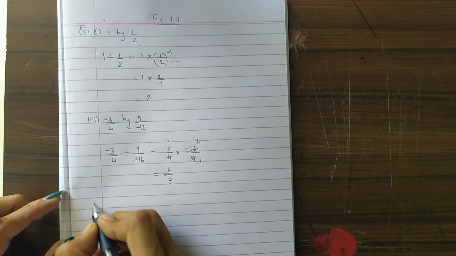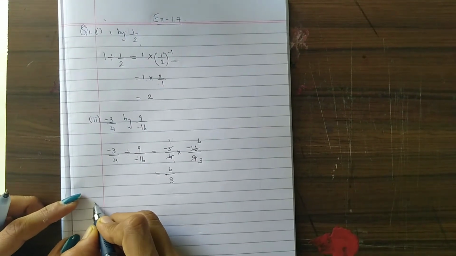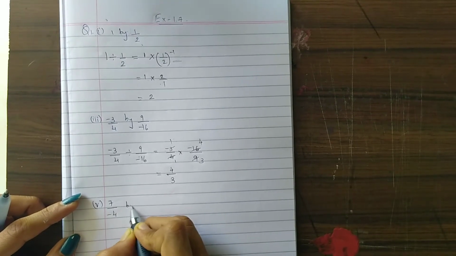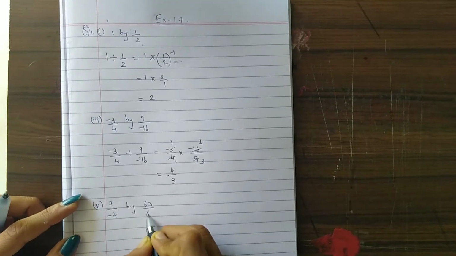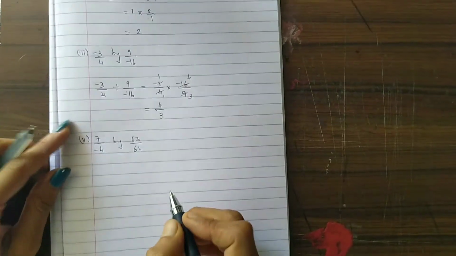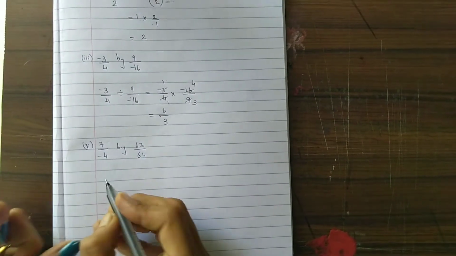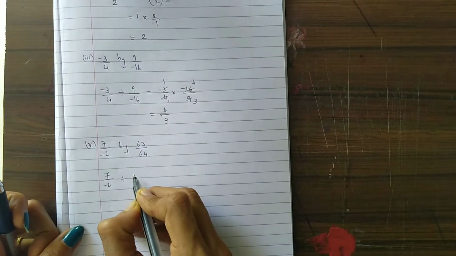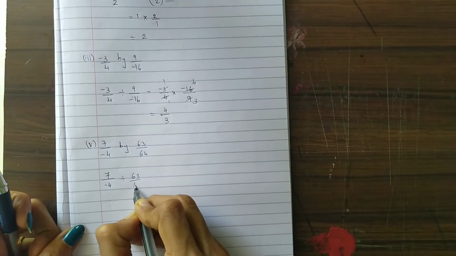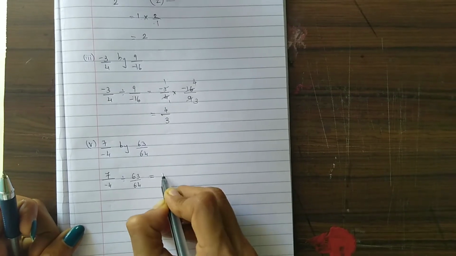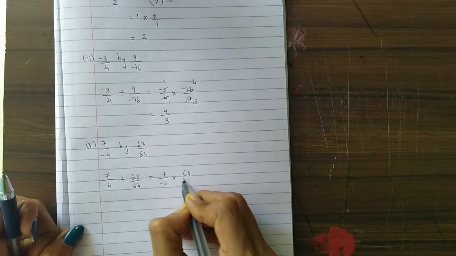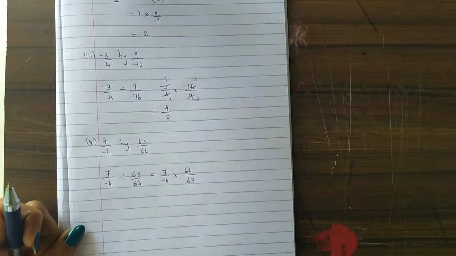Now fifth one, 7 upon minus 4 by 63 upon 64. So 7 upon minus 4 divided by 63 upon 64 equals 7 upon minus 4 multiplied by 64 upon 63.